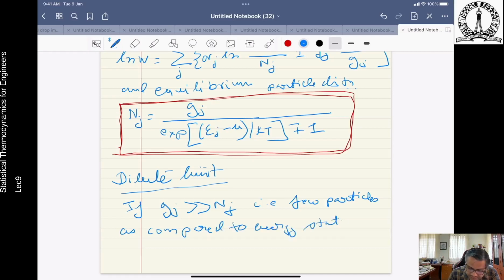So it is like a stadium where there are a lot of seats, but only very poor attendance, for example. Very few people have shown up. So there are very few particles as compared to the energy states that are available.